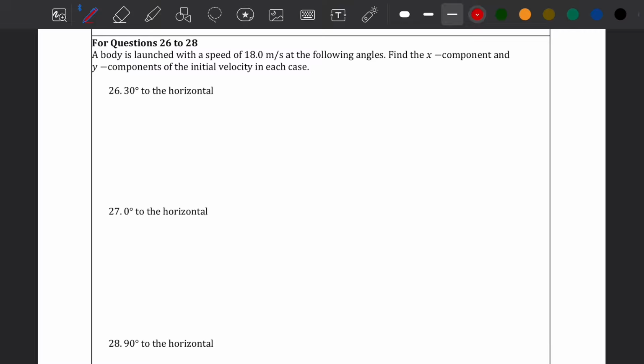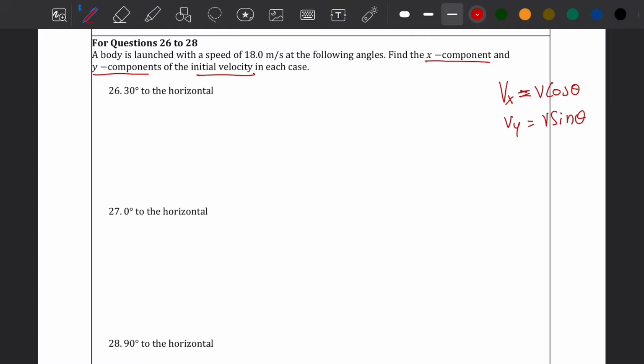Okay. Now here we want to find, for a projectile motion, what are the x and y components of the initial velocity. So for a projectile motion, the x component is always v cosine theta and the y component is v sine theta.